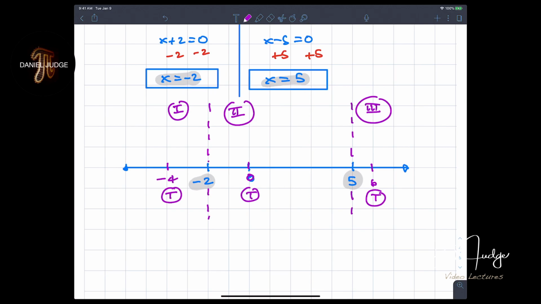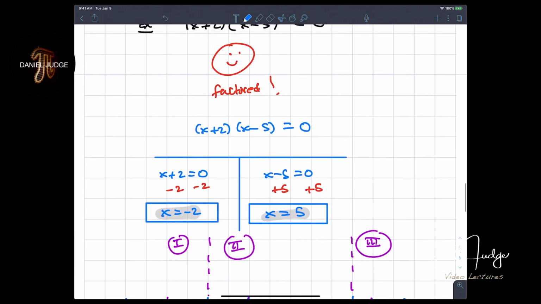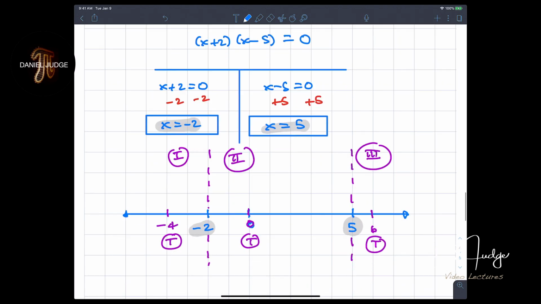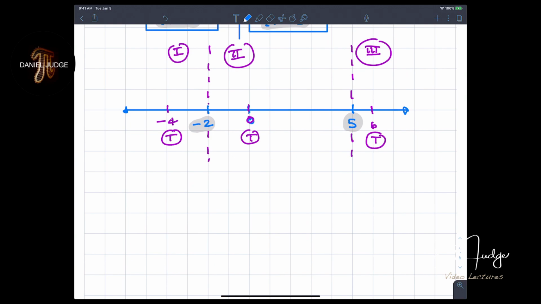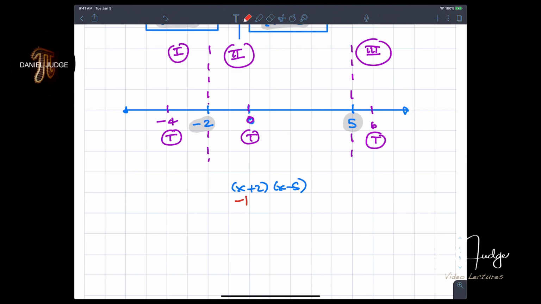So we're going to test the signs of each one. Now you might say, well, what do I use to test? Well, what are they asking? They're asking where this product is negative, by the way. So x plus 2, x minus 5. Let's test the first region. I'm going to take negative 4 and plug it in here.